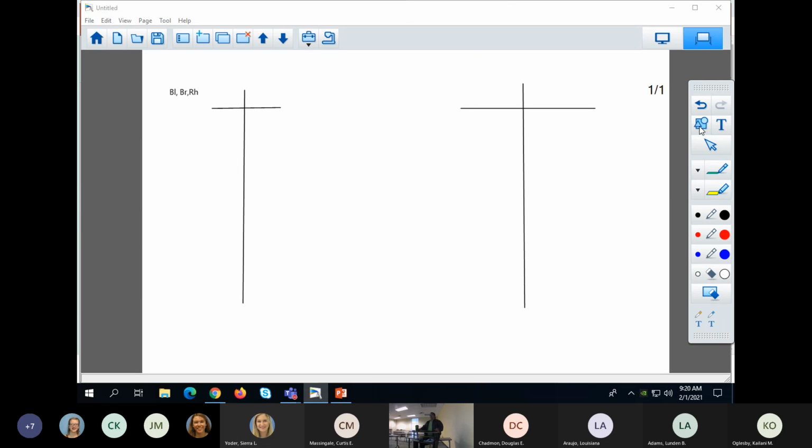This isn't going to work. I don't think I'm going to be able to do this. I'm trying. There we go. Blondes, brunettes, and redheads. And then on the right-hand side, you'll have your head count.